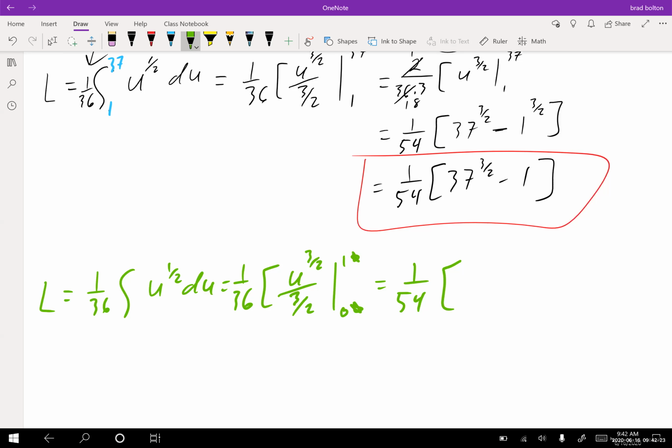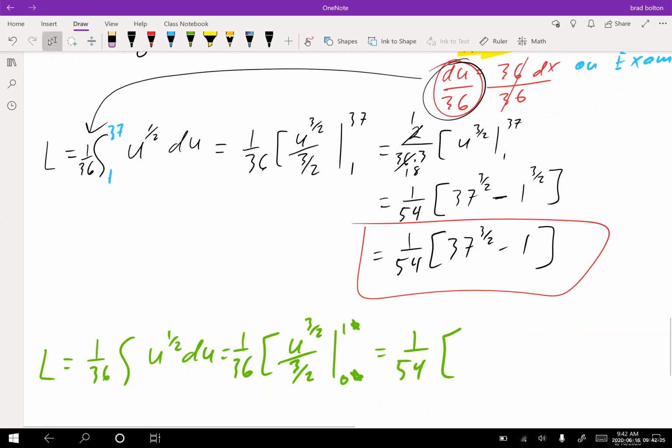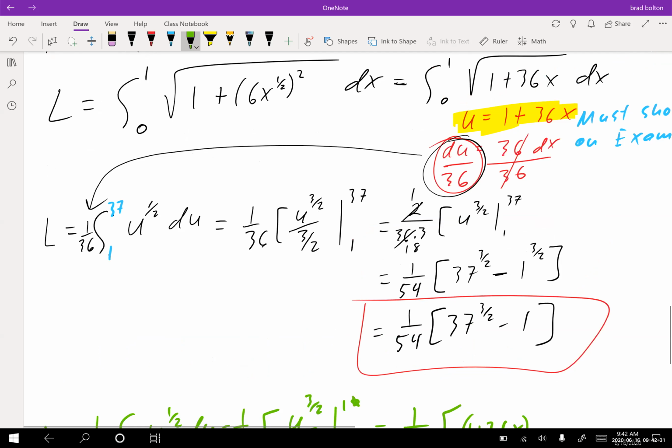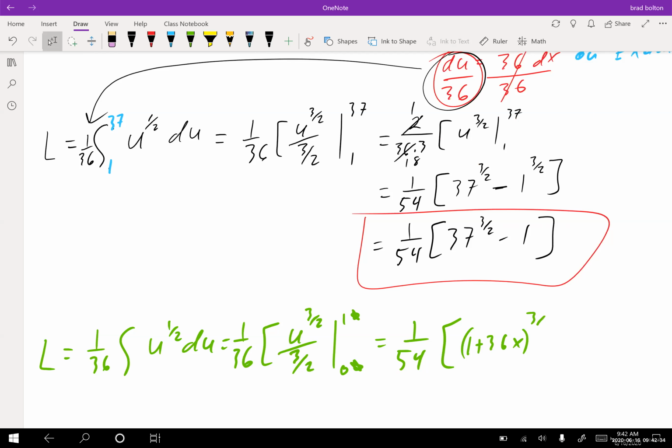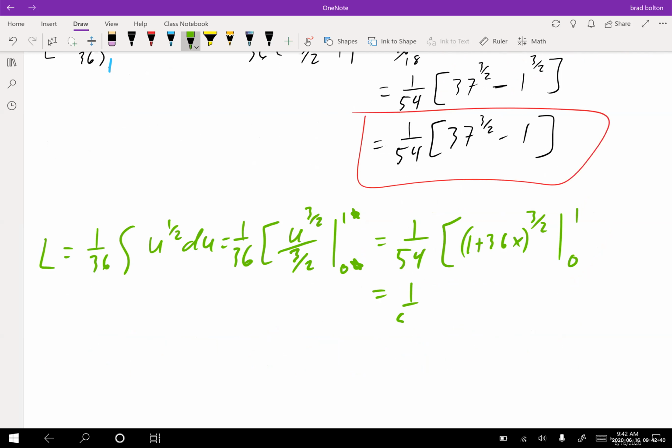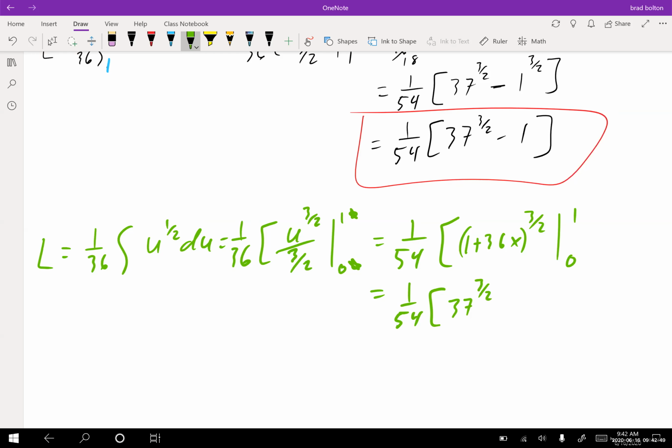And we said that u was worth 1 plus 36x, so this will be 1 plus 36x to the 3/2 power from 0 to 1. Now we can plug that in and we get 1 over 54 times 1 plus 36 times 1, which is 37 to the 3/2 power, minus 1 plus 0 to the 3/2 power. I hope you can see it's going to end up being the same answer, which is identical to what we have above.